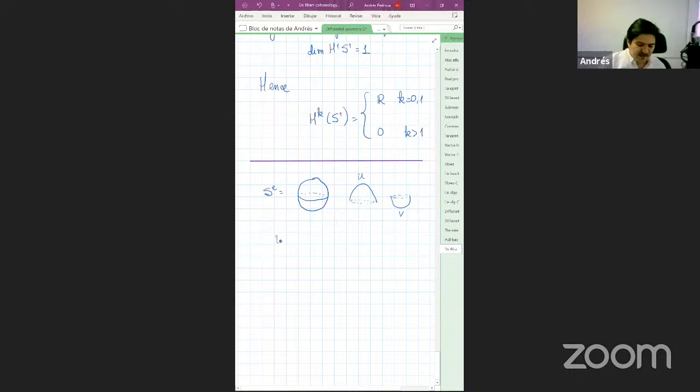Now, U and V are diffeomorphic to what? Because U and V are an open disk, right? Now, what can you say about the intersection?